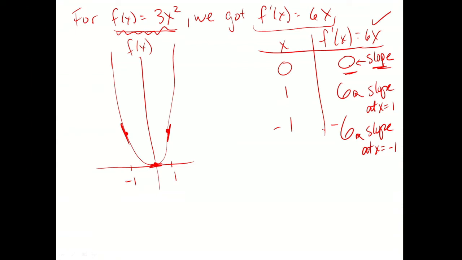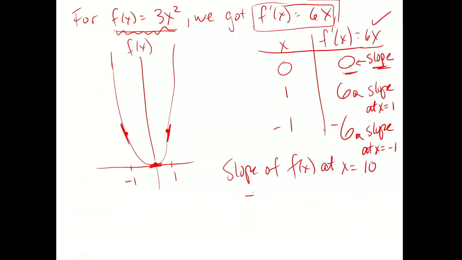So, if I want to know the slope at any point now, what's wonderful about having a formula for the derivative is, if I want to know what's the slope of the graph at x equals 10, well, that's just saying what's the derivative at x equals 10.